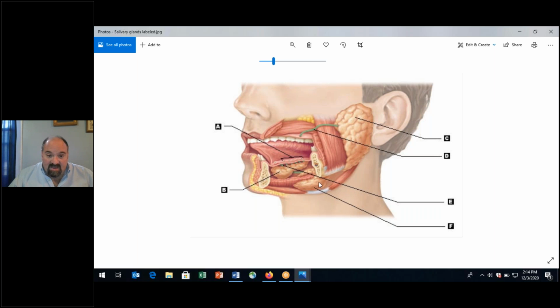You'll see here that we have the submandibular and the sublingual. Here's the tongue. The mandible is cut right here. That's the lower jaw. These three areas are salivary glands that contribute to saliva production as well as mucus production, enabling the creation of what's called the bolus. Do you remember that term?